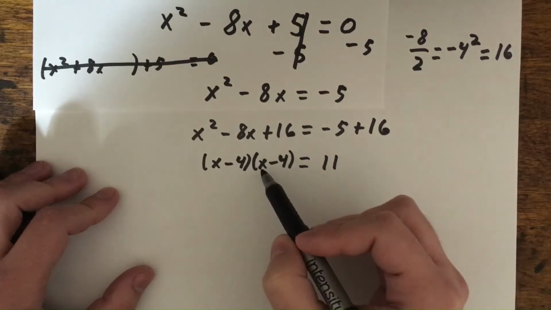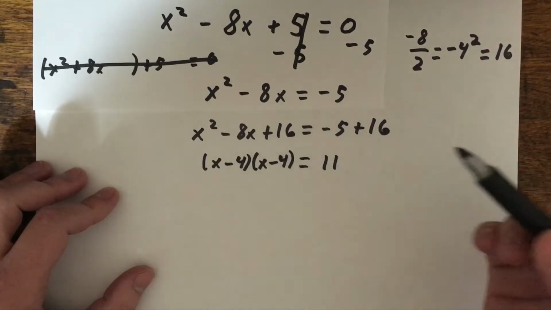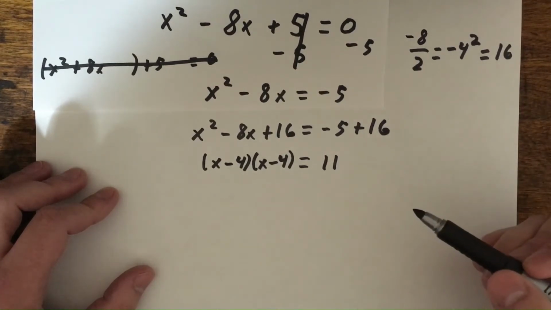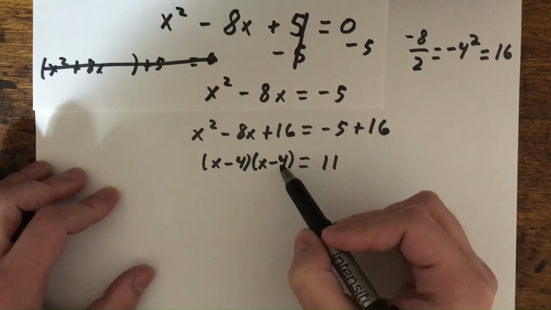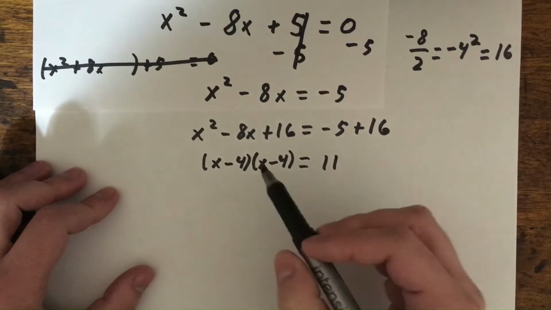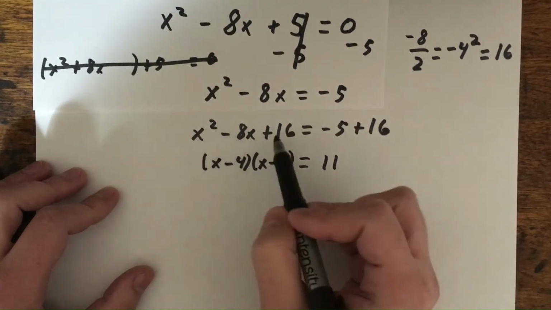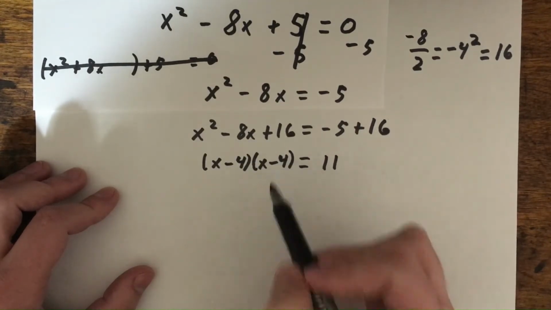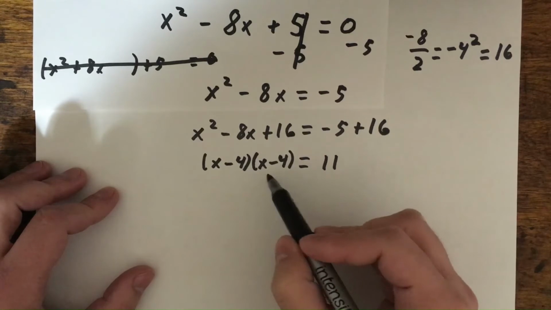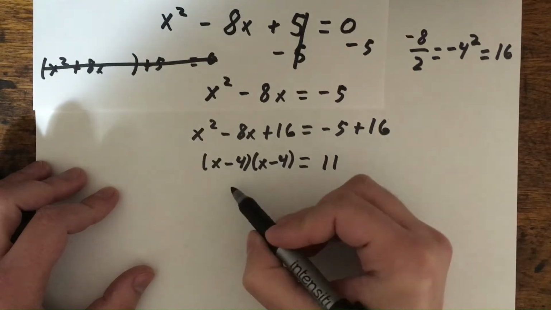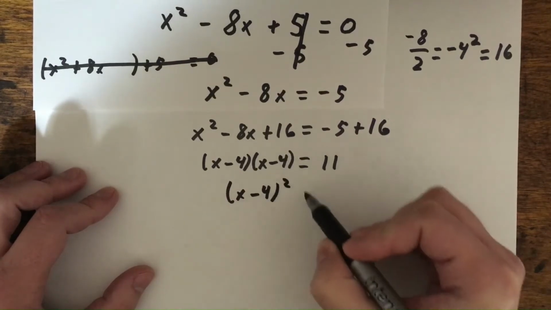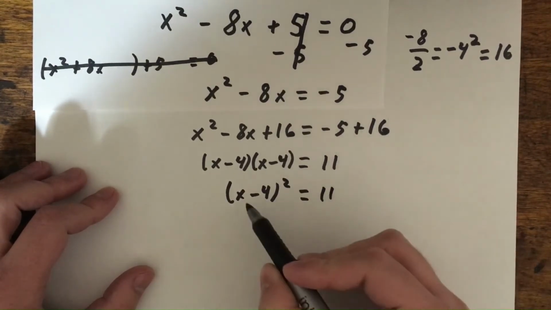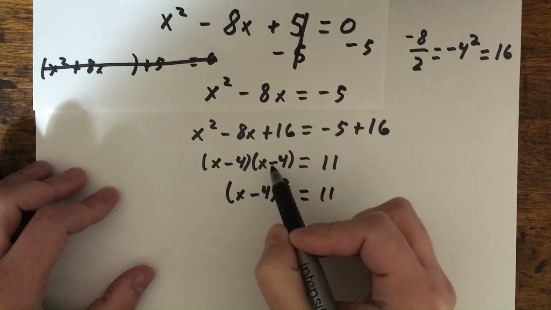Negative 4 times x will give you another negative 4x. If you add those two together, you're going to get negative 8x. And then negative 4 times negative 4 would give you 16. So this is the same thing as this. It's just factored. And let's simplify it a little further by just calling this x minus 4 squared. This is also the same thing as this.